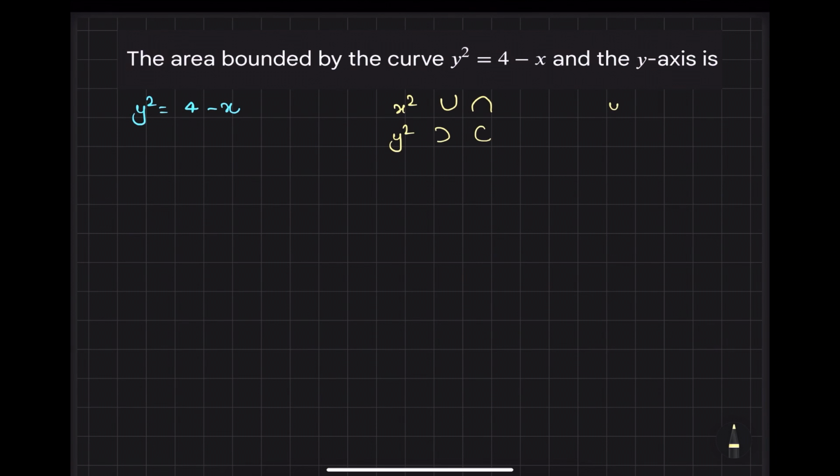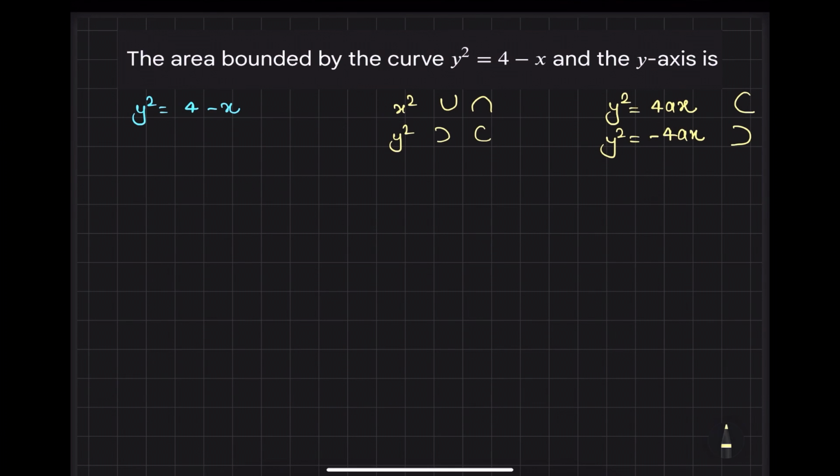So if you have a function y square equals 4ax, meaning the coefficient is positive, we will have a right side opening parabola. If we have y square equals minus 4ax, we will have a left side opening parabola. So the coefficient of x decides whether the parabola will be left side opening or right side opening.